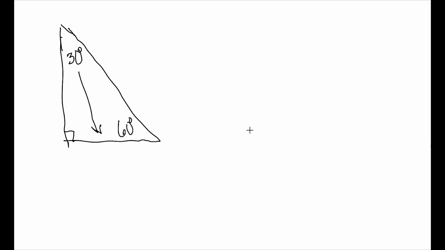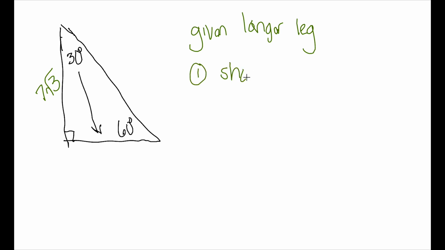What if we are given the longer leg? And let's say it was 7 radical 3. First, you find the shorter leg, and that's the number in front of radical 3.